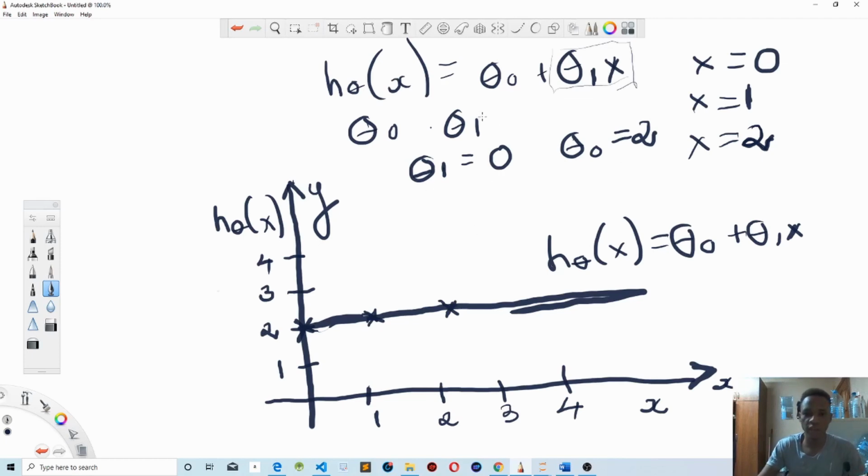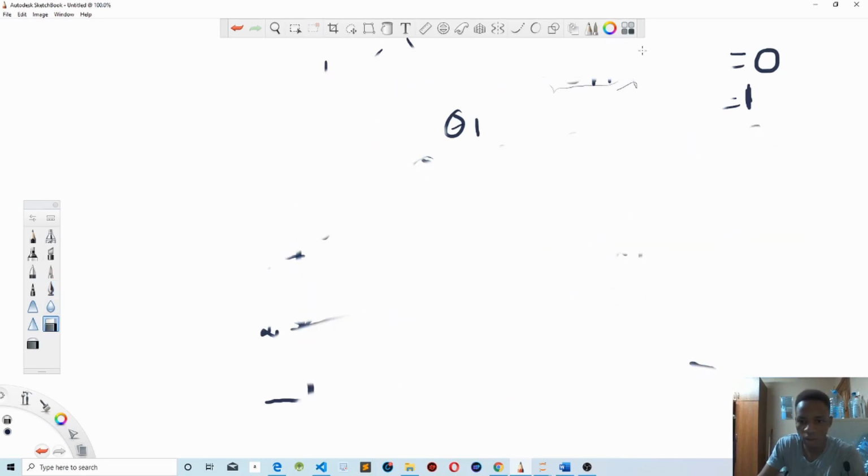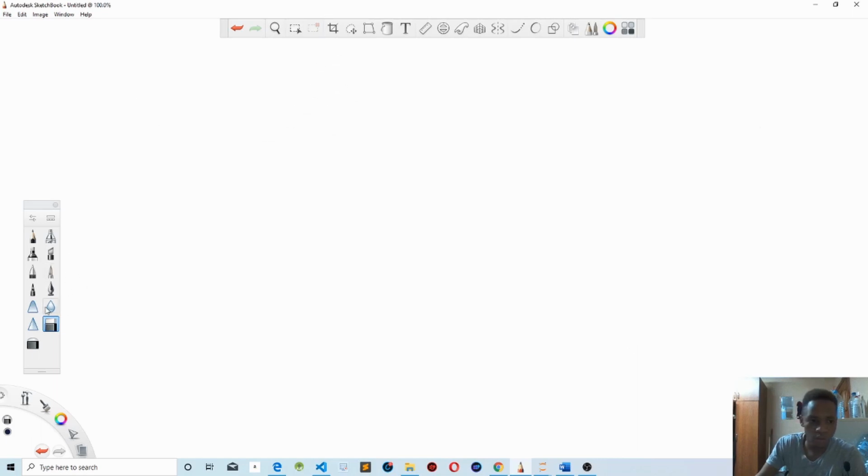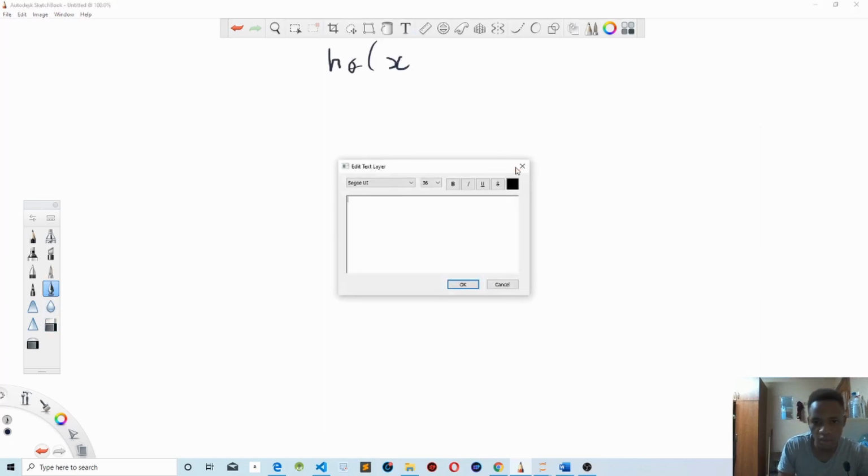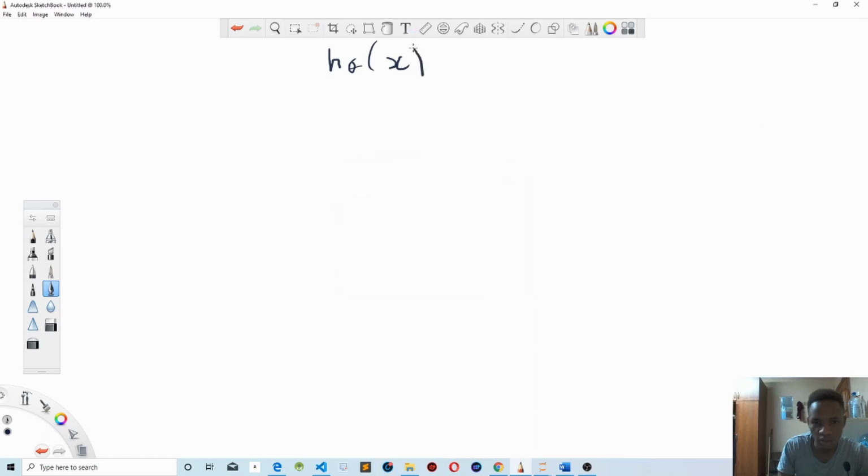So let's take a look at the other scenario. We know that our hypothesis h theta of x is equal to theta 0 plus theta 1 x.